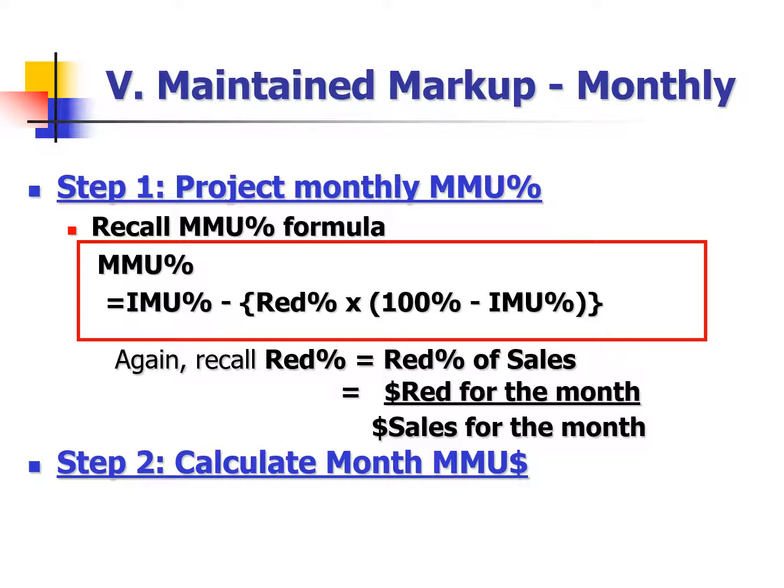We have learned that before. So that means we have to utilize the reductions percent that's calculated based on the reductions dollar for the month and divide that by sales dollar for the month. Out of the two different kinds of reductions percent that we have planned, the reductions percent of sales is what we need to use to calculate MMU percent at this stage.